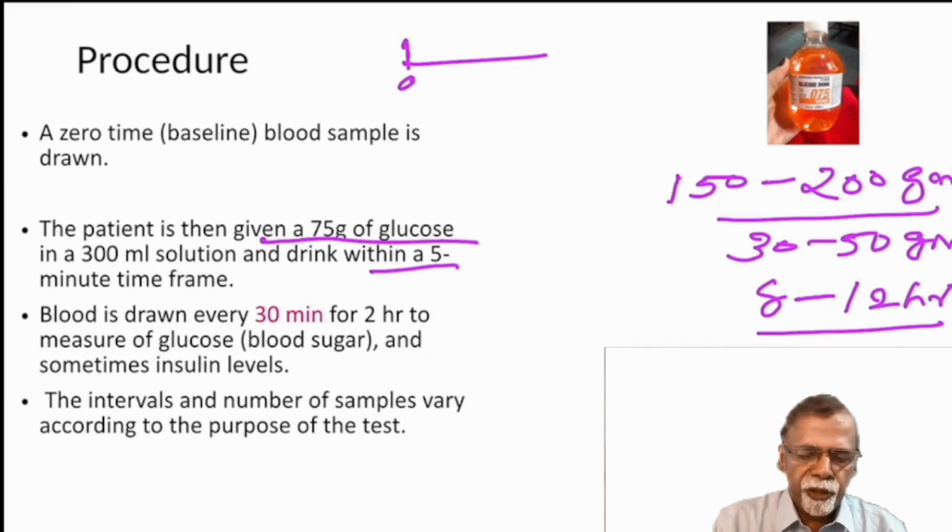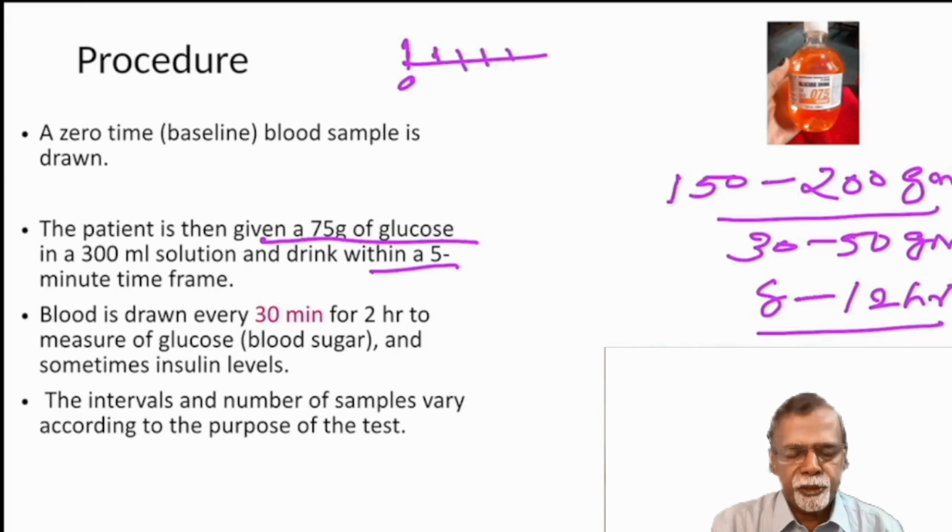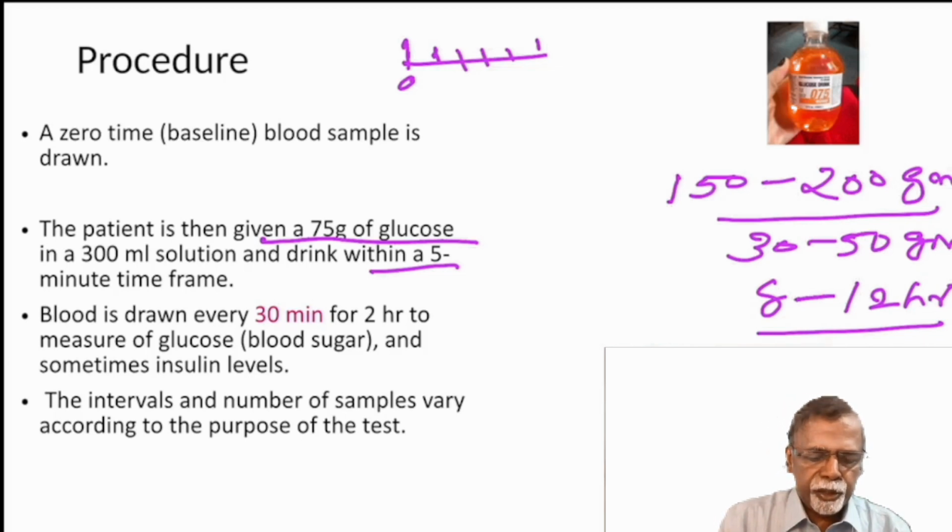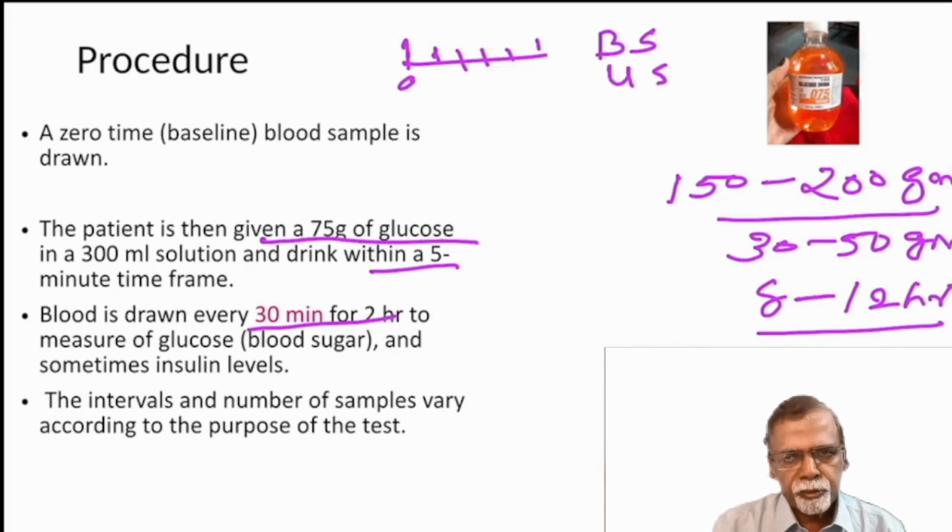Blood is taken every 30 minutes, for 2 hours. Along with that you take the urine also, and you check the blood sugar and urine sugar every half hour.